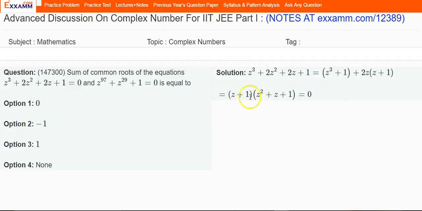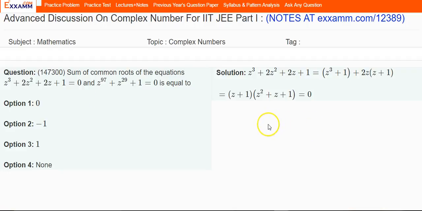The roots are z equal to minus 1, and from the cube roots of unity we know that the other roots are omega and omega square. So the roots of this cubic equation, z cube plus 2z square plus 2z plus 1 equal to 0, are minus 1, omega and omega square, where omega and omega square are the imaginary cube roots of unity.